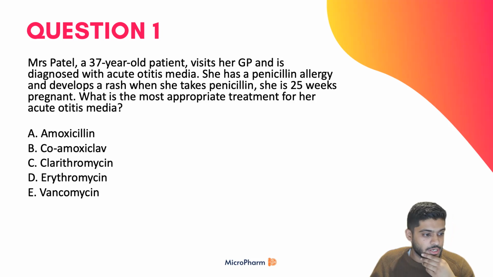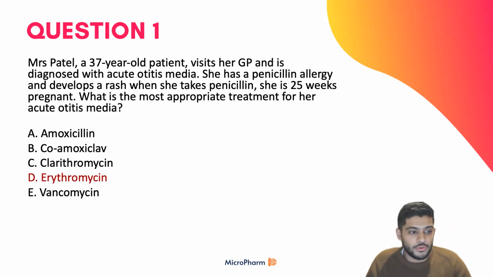Okay, let me share the answers. The majority of you have answered. Okay, so let's go through the answers. The correct answer is D. Let's go through why. So why should we not give this patient amoxicillin?